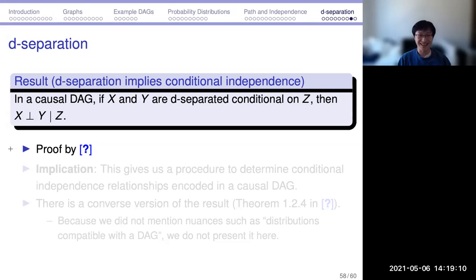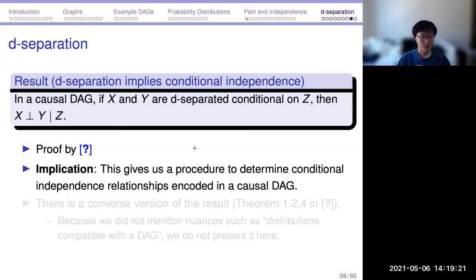The proof is in the course notes I uploaded online, where you will see the references. Here somehow I'm messing up the LaTeX. This proof is given in a very early paper in 1988.